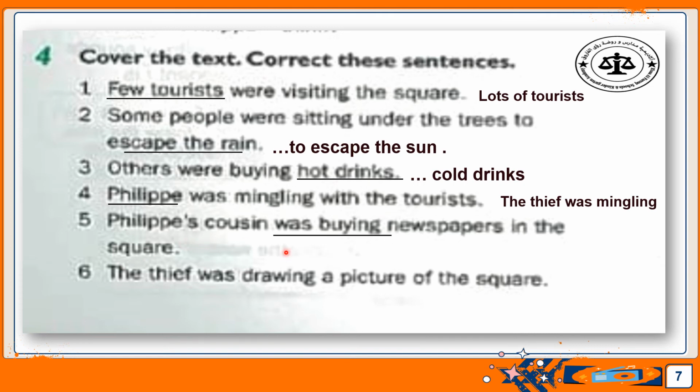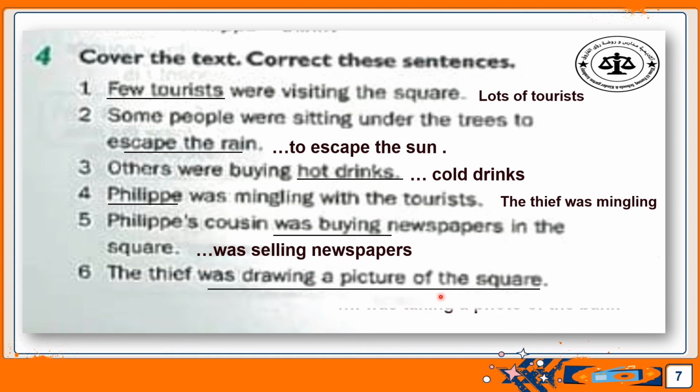Was buying? No, he was selling the newspapers. The last one, the thief was drawing a picture with a square. Was drawing a picture? Of course no. He was taking a photo of the bank.